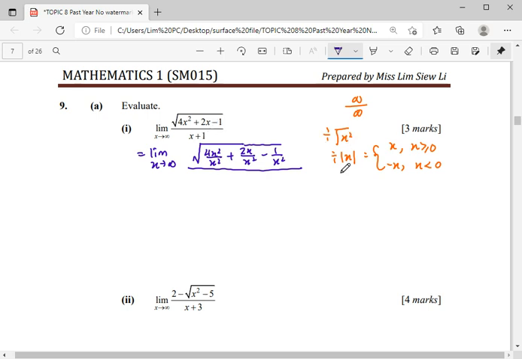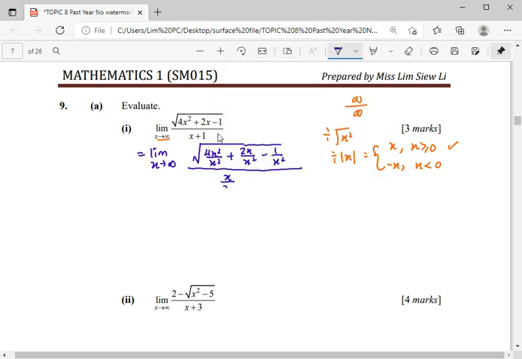The simplified function we choose here is positive x. As we can see, x approaches infinity, which means x is greater than 0, so we will choose positive x.